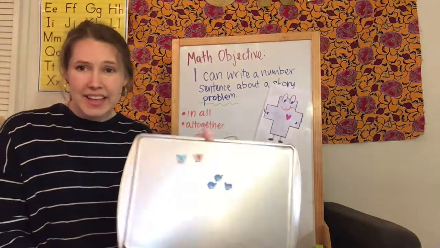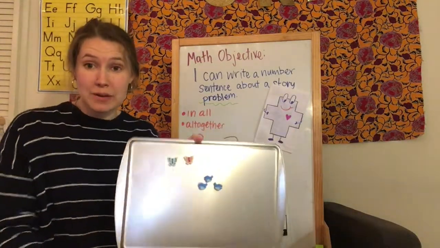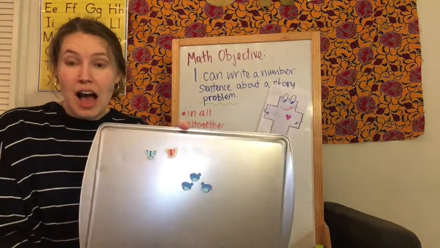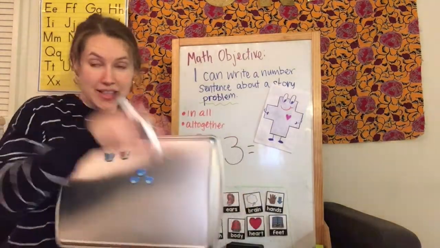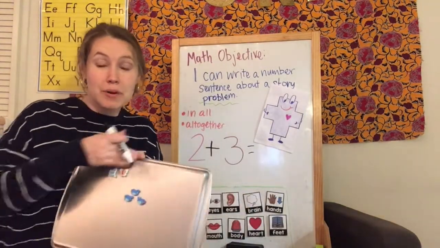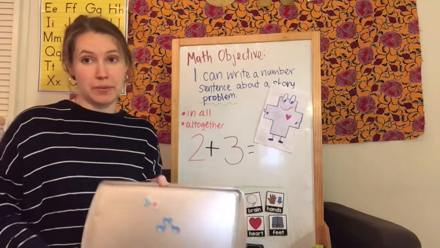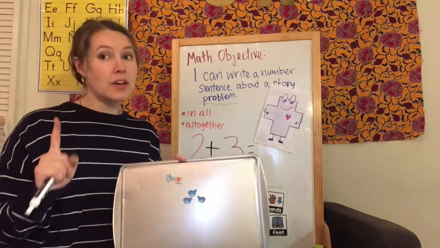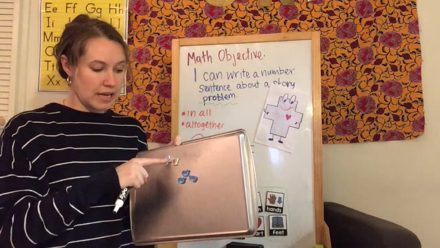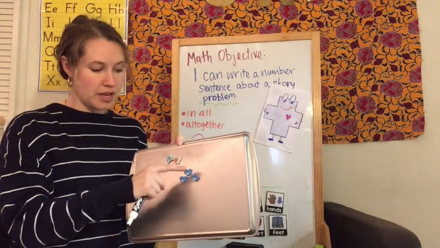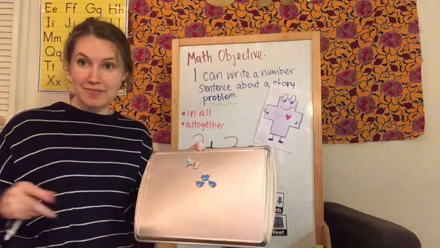Now, in order to figure out what 2 plus 3 equals, I need to count everything, because we're trying to figure out how many birds and butterflies there were in all. How many animals were there in all that were flying? So I'm going to use my finger here to touch and count. 1, 2, 3, 4, 5.